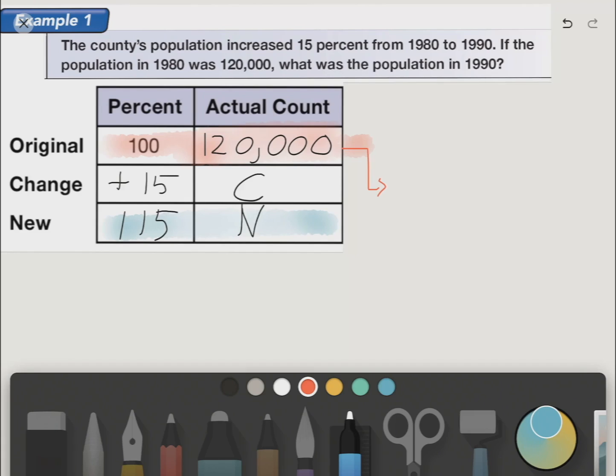So bringing these over to here, we can say 100 on this side of our equal sign and 120,000 on this side.